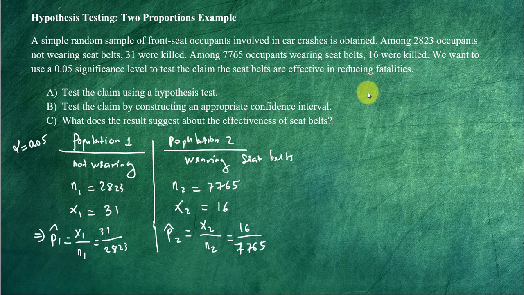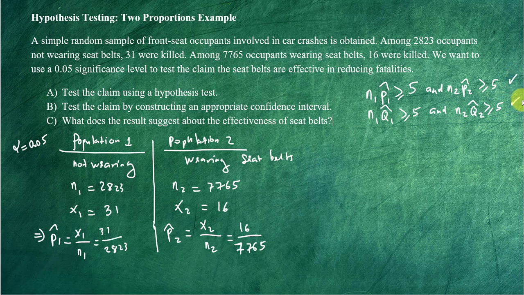So check the inequalities n1 p hat 1 is greater than or equal to 5, and n2 p hat 2 is greater than or equal to 5. You also need to check n1 q hat 1, where q hat 1 is just 1 minus p hat 1, the complement of p hat 1, and also n2 q hat 2 is greater than or equal to 5. So they are all satisfied for the requirement checking.